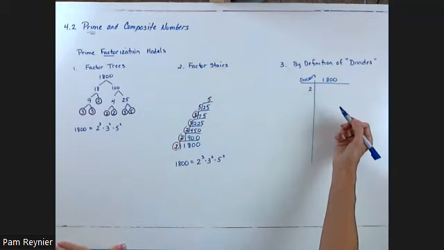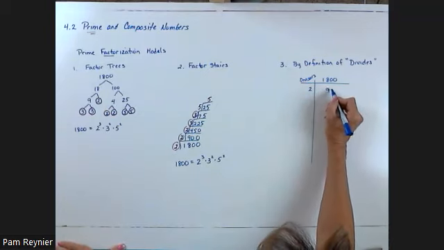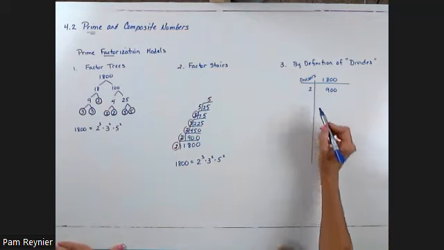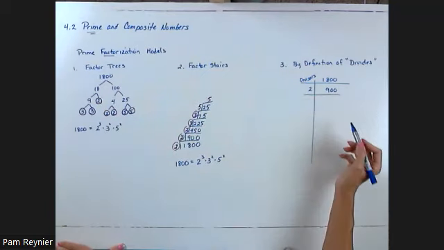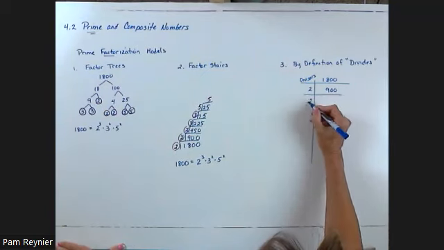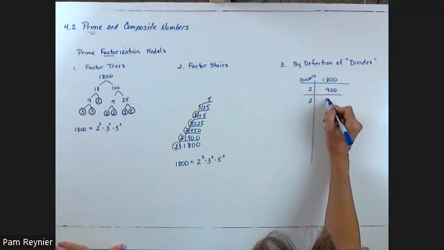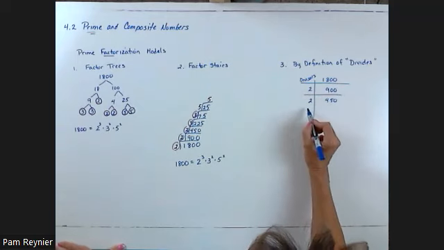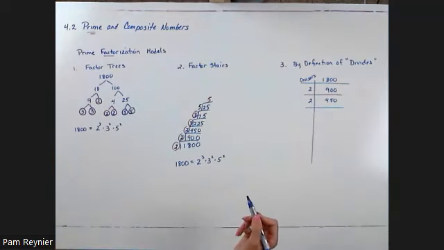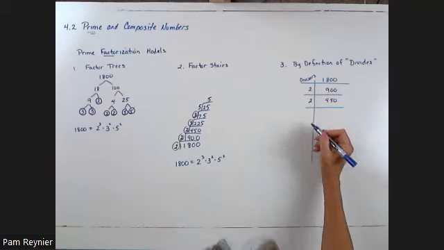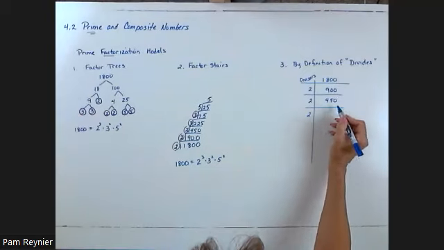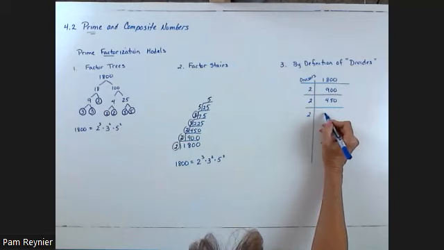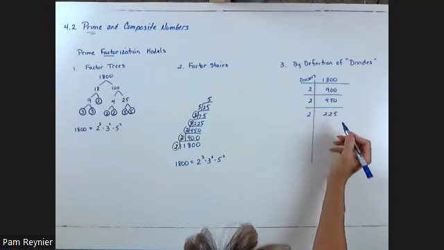2 divides 1800 900 times. Then 2 divides 900 450 times. Then 2 divides 450 225 times.